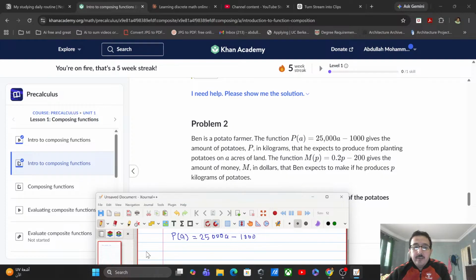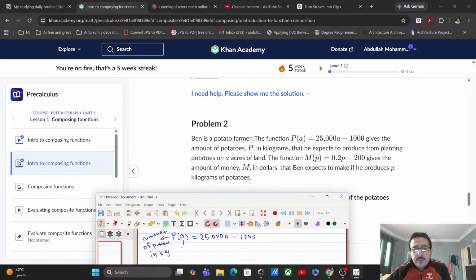So this P is the amount of potatoes in kilograms that he expects to produce from planting potatoes on A acres of land.